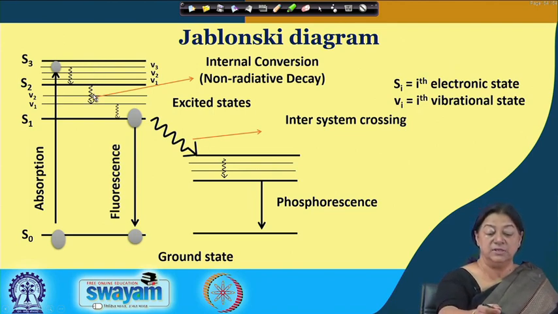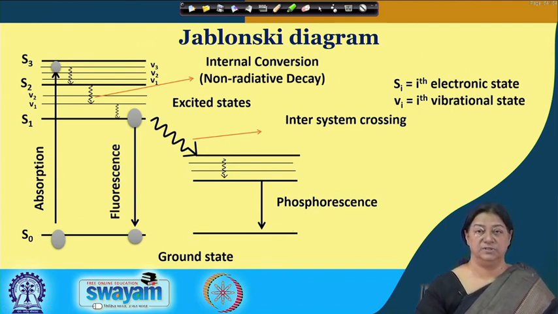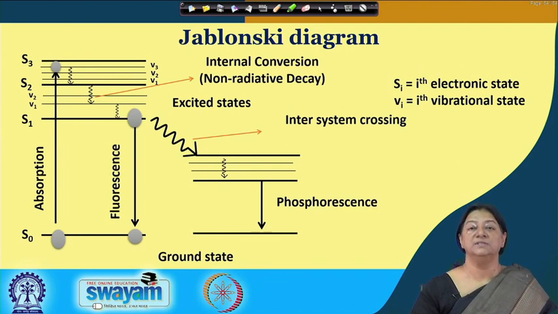Here we have internal conversion, here we have intersystem crossing, going from a singlet state to a triplet state, and the loss of energy in a radiative fashion in this case is phosphorescence. So, we have fluorescence and we have phosphorescence. We will be confining our discussions to fluorescence alone.